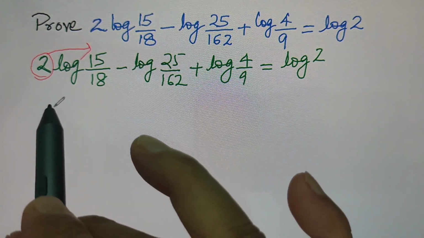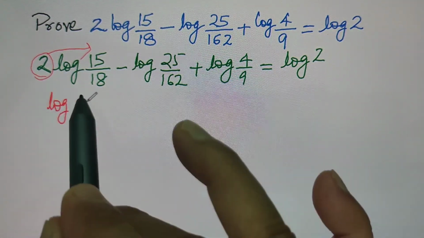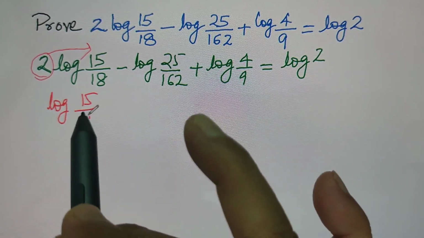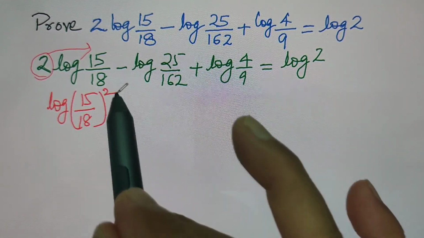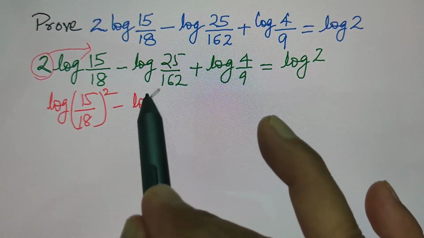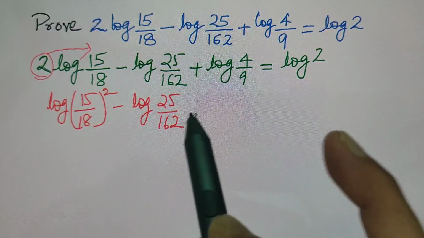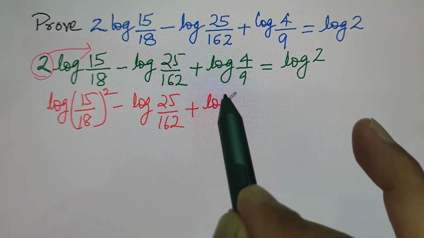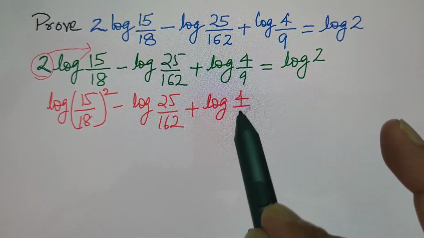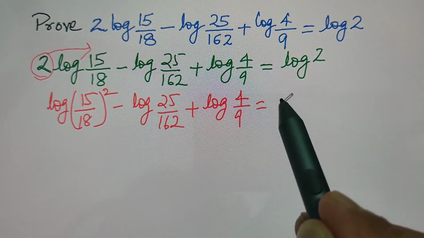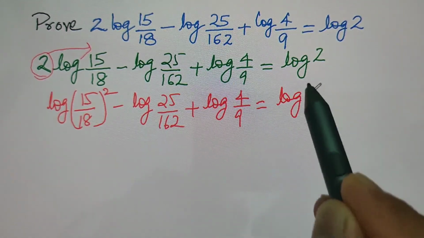Now this can be written as log (15 upon 18) square minus log 25 upon 162 plus log 4 upon 9, which is to be proved equal to log 2.